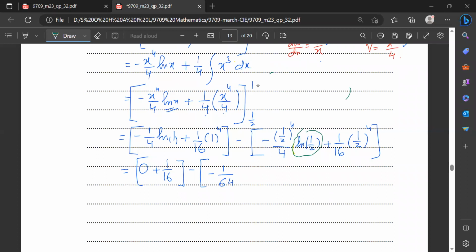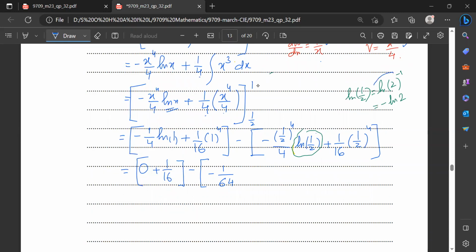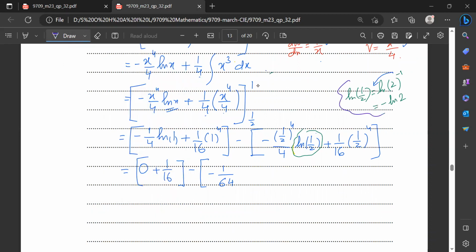If it is natural log of 1 over 2, this is actually natural log of 2 to the power minus 1, and this minus should be written in the start. This is the power property for the log. So the minus is shifted here to the start. So natural log of 1 over 2 is minus the natural log of 2.